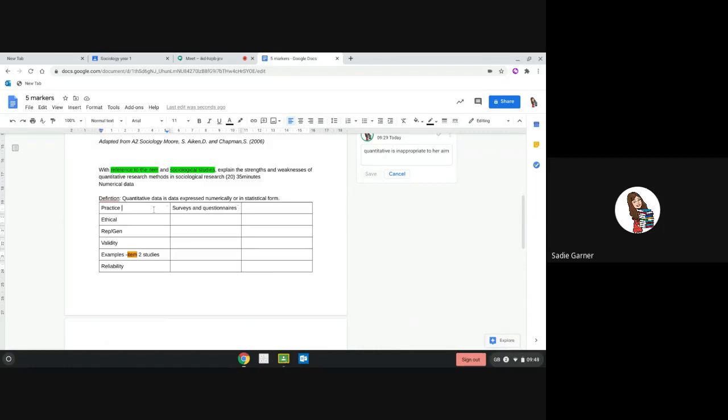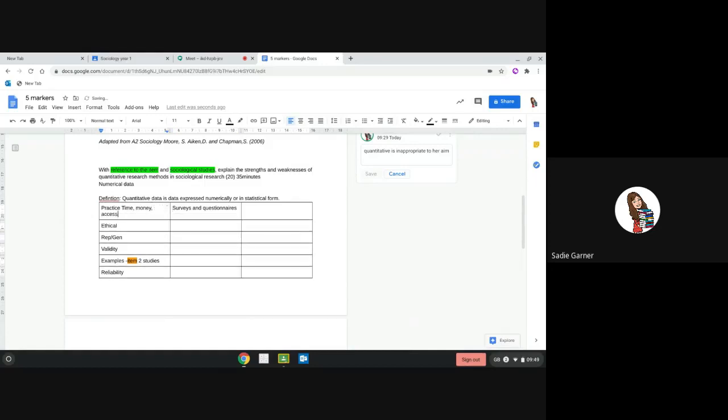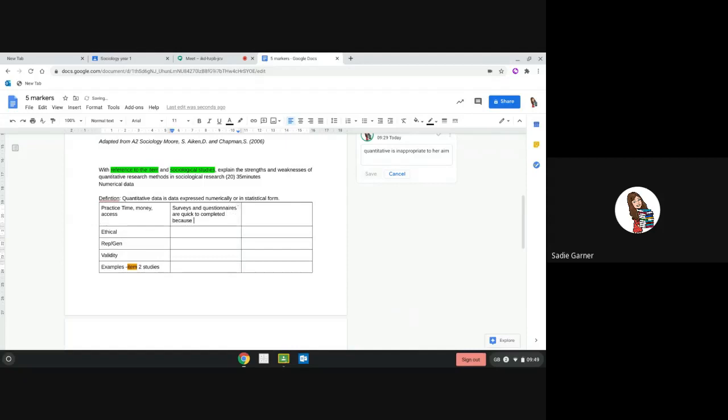Practical means time, money, and the ability to gain access to a group of people. So strengths are surveys and questionnaires are quick to complete because the questions are closed.